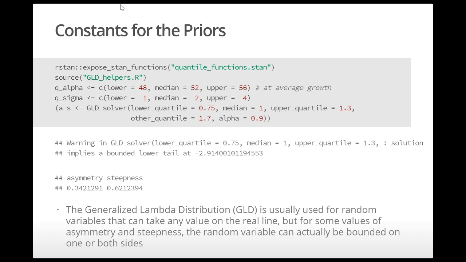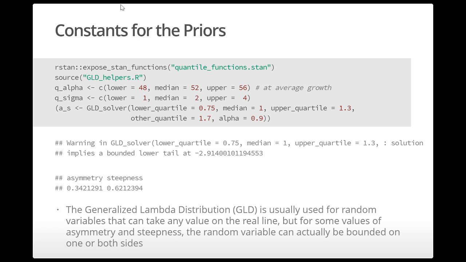Also, I mostly wanted to illustrate this: when you solve this thing, you may get a warning message saying this generalized lambda distribution, which can be defined over the entire real number line, got a value of the steepness that was so steep that it actually truncates off the lower tail, in this case at negative 2.9. But since we don't think negative numbers are particularly plausible anyway, the fact that we're cutting off negative 3, negative 4, negative 5 isn't worrying me too much.